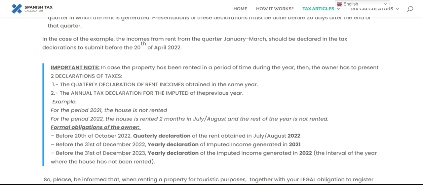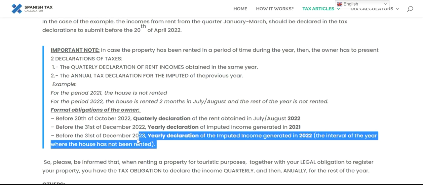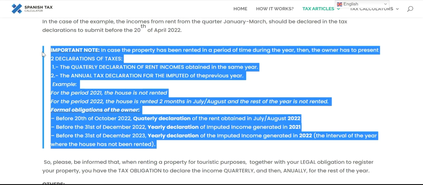Here you can find a summary of the formalities that you have to follow in order to fulfill the tax obligations in case you are renting a property in Spain.